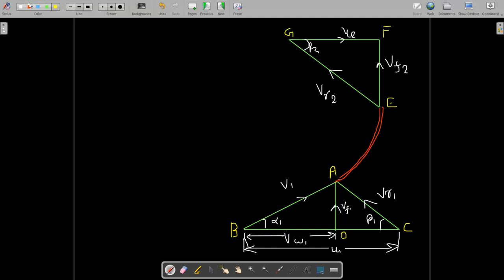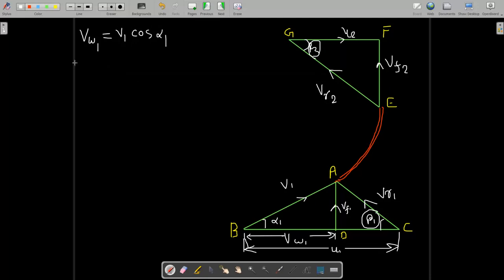So now we have to find these two, beta 2 and beta 1. For that we have the inlet velocity triangle. We know the value of VW1 and we know the value of alpha 1. So we can say that VW1 is equal to V1 cos alpha 1.